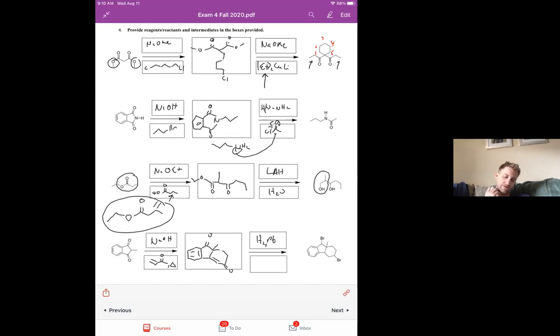It's going to reduce it all the way down to alcohols. And then to replace those alcohols with bromines, you could add in PBr3, similar to adding SOCl2 with an alcohol.